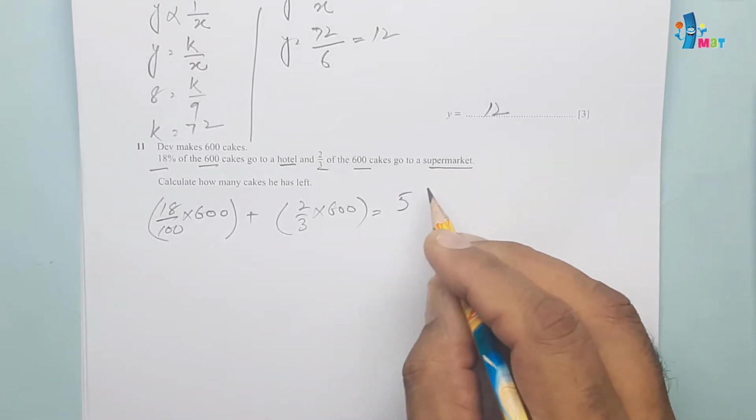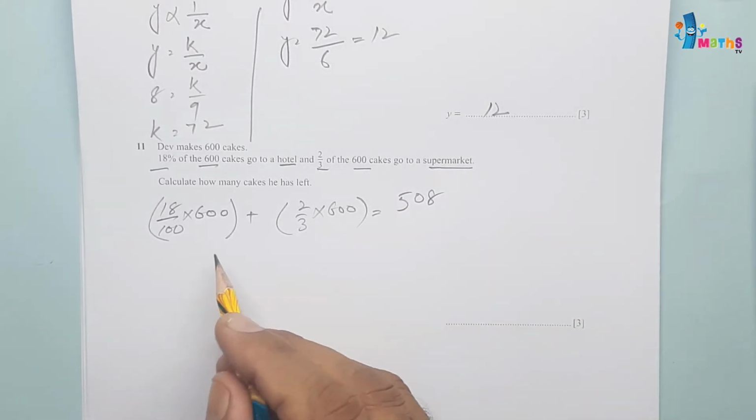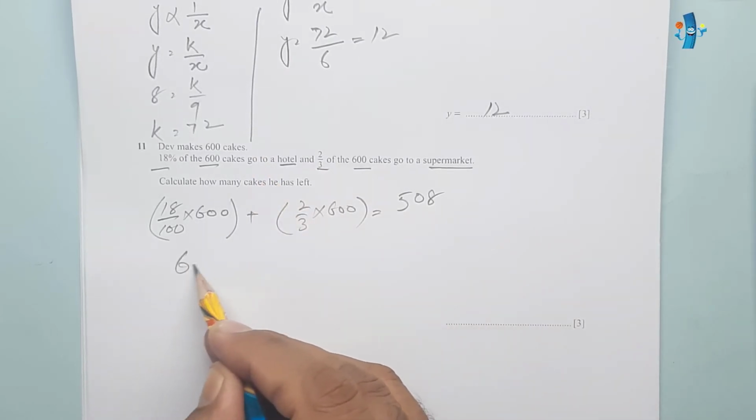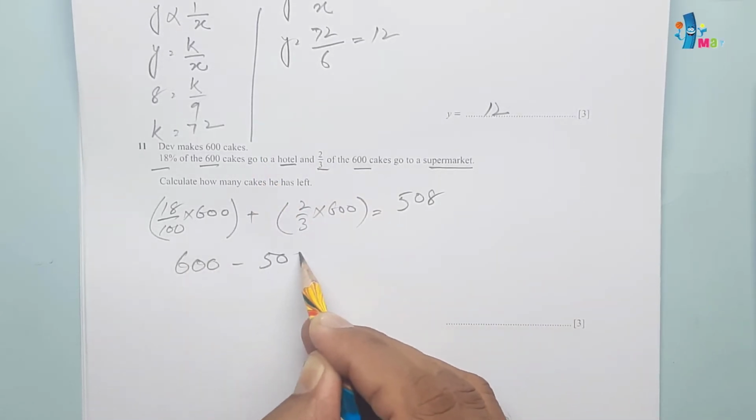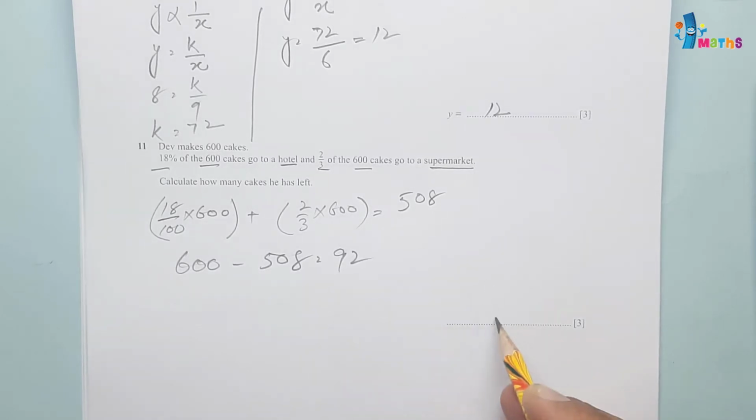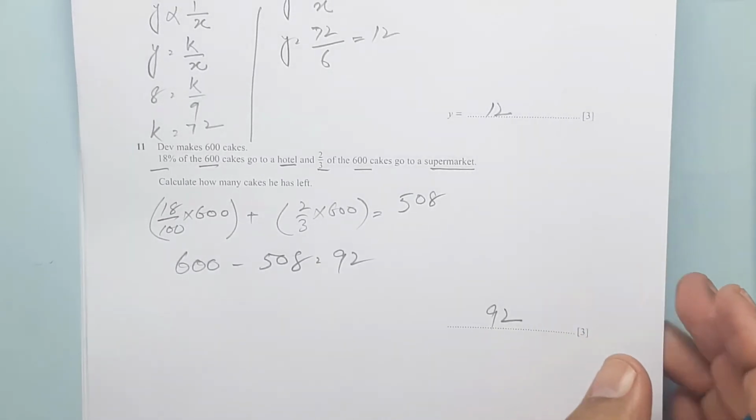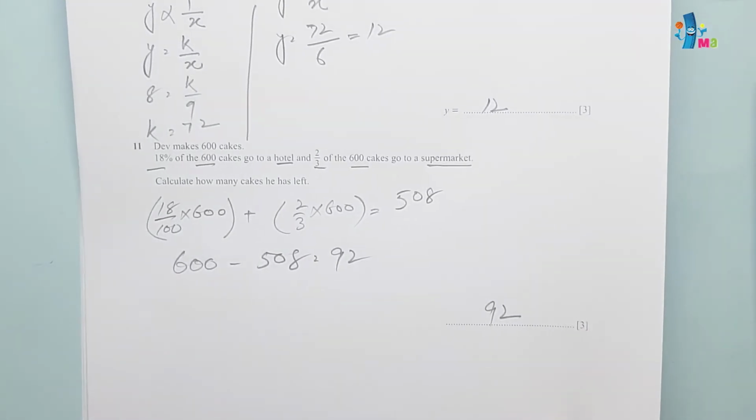So 508 cakes go to these two locations. The remaining will be 600 minus 508, which is equal to 92. So 92 cakes will be left after distribution to these two locations.